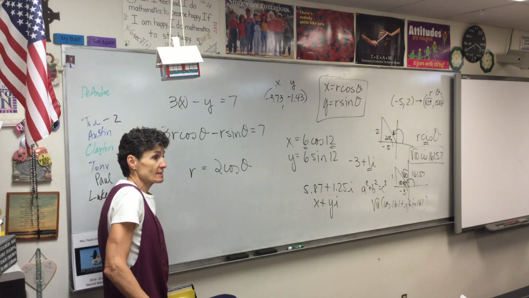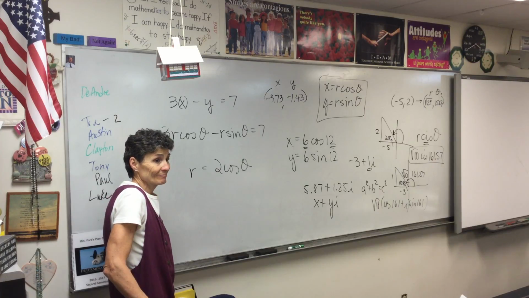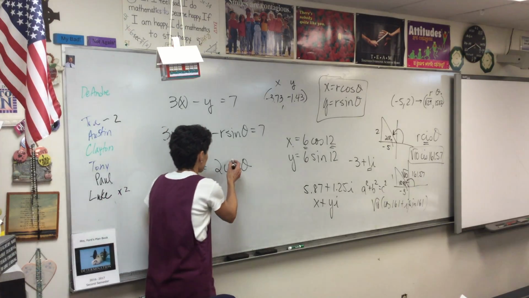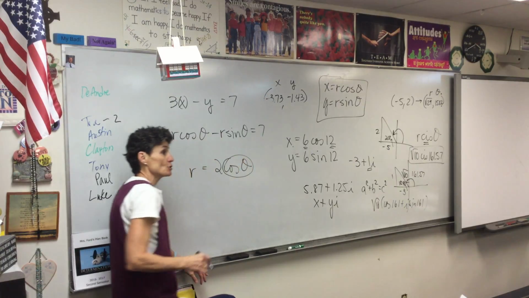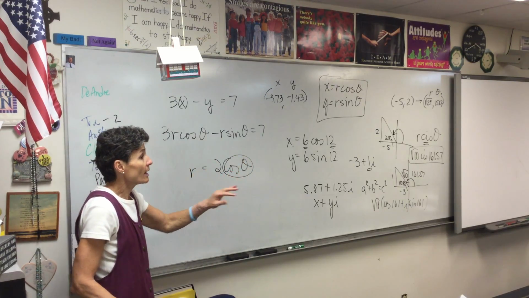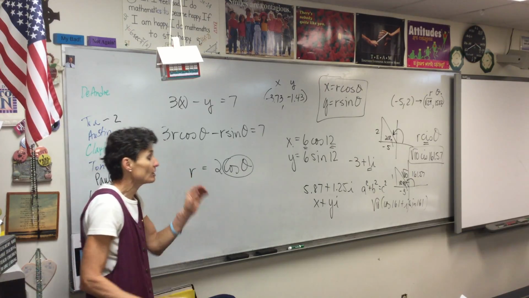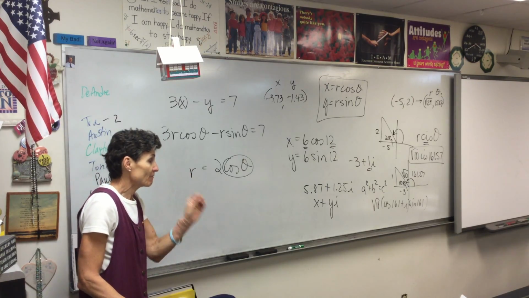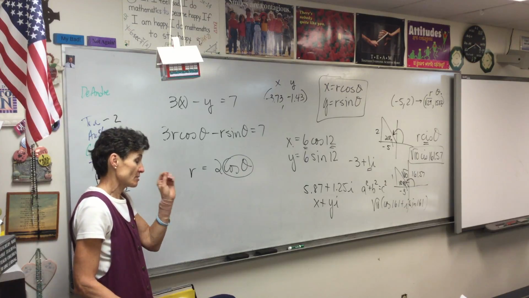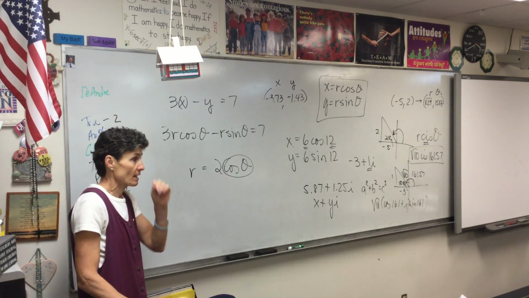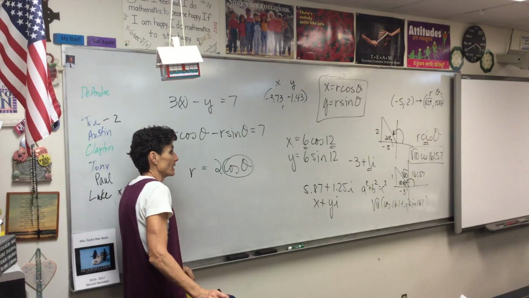Does anybody remember what the steps are? The first thing we do is change the function. So, it may be a cosine, it may be a sine, it may be a secant, it may be something else. It doesn't matter. What's the definition of it? All right, this is a cosine. What's the definition of cosine? X over R.